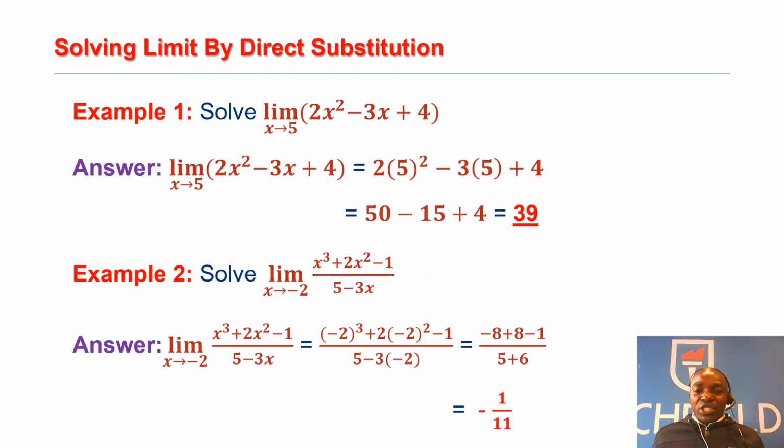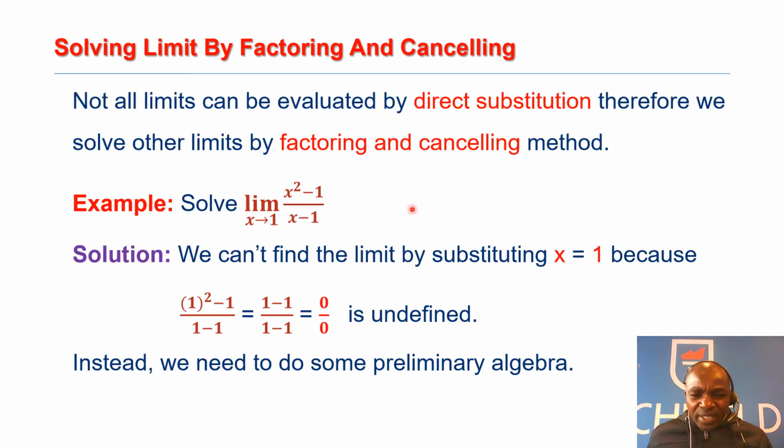Some limits can be solved by factorization and cancelling the common factors that exist in both numerator and denominator. Not all limits can be evaluated by direct substitution of the value of x. For example, solve the limit of (x squared minus 1) divided by (x minus 1) where x approaches 1.